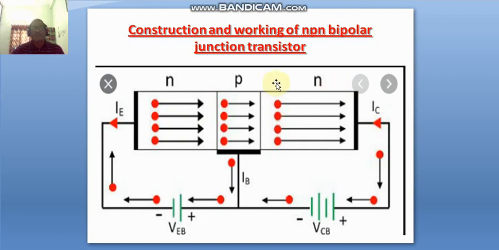Here also it is known as NPN bipolar junction transistor. The circuit is known as the forward circuit or input circuit. In the input circuit there is a diode, that diode is a PN junction diode in the forward bias.